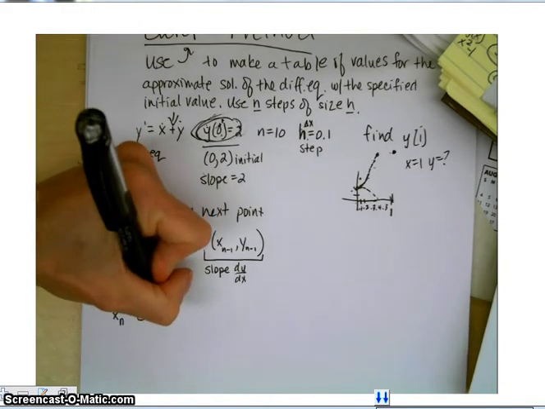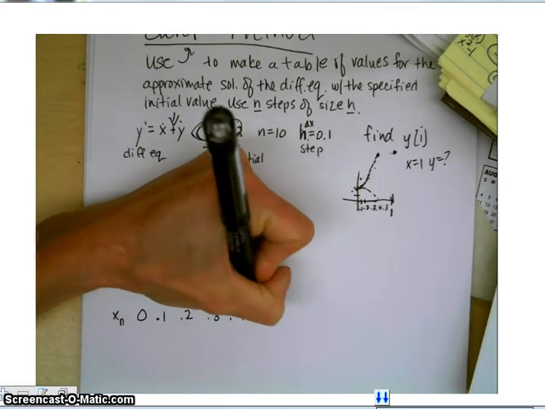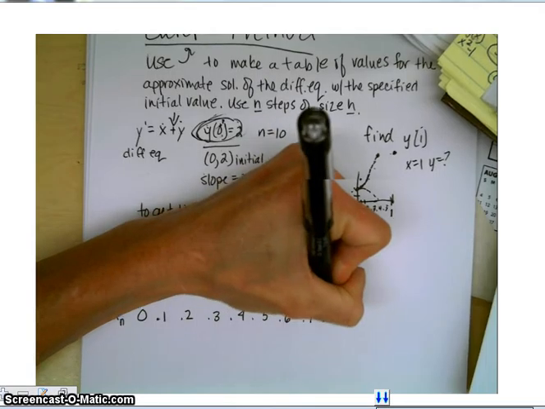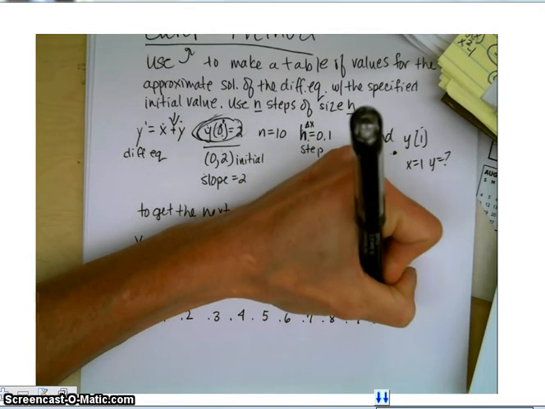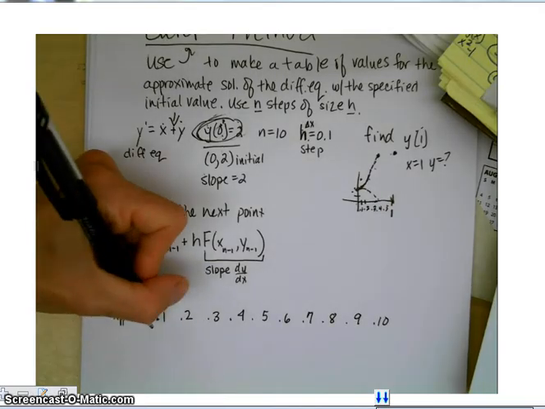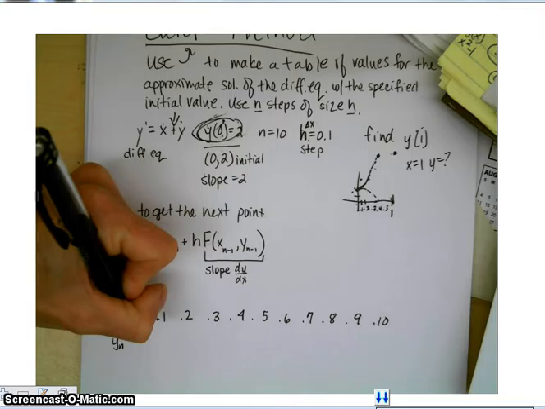So it's going to be 0, 0.1, 0.2, 0.3, 0.4, 0.5, 0.6, 0.7, 0.8, 0.9, 1.0. Okay, our starting y value is what? 2.